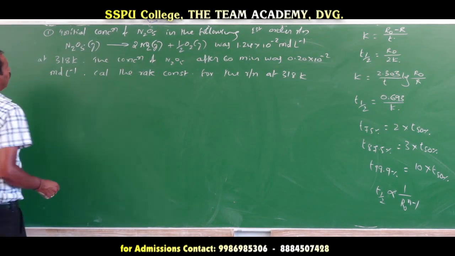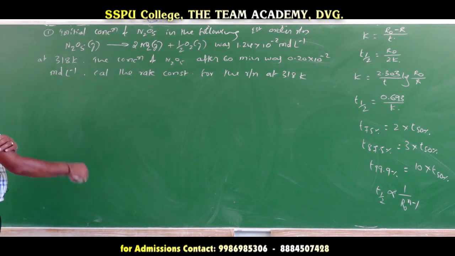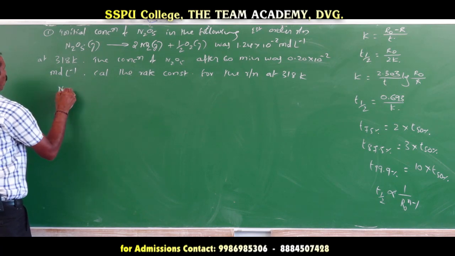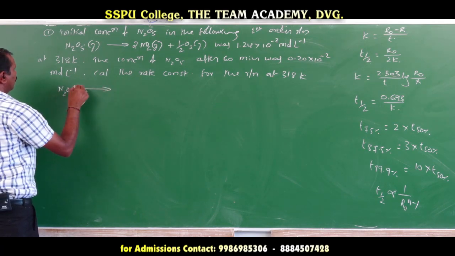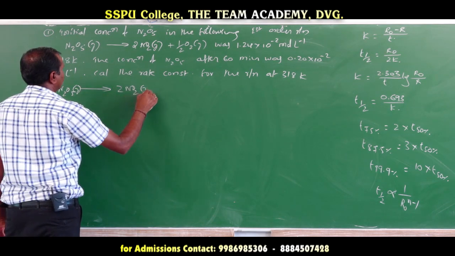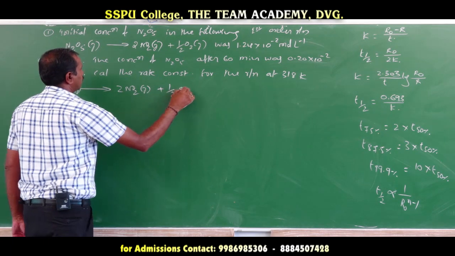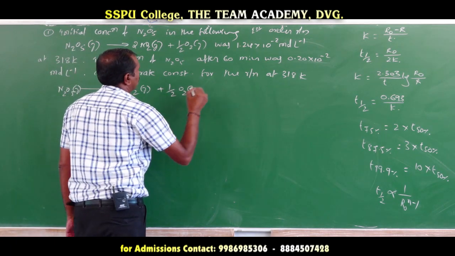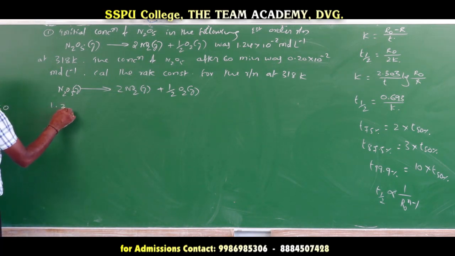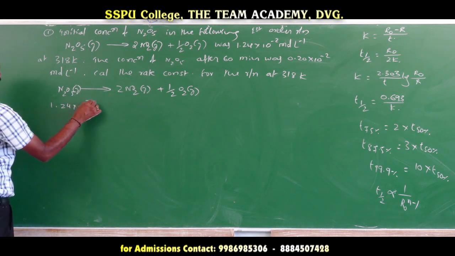So let us see. The initial concentration of N2O5 in the following first order reaction was given. I will write that equation. N2O5 gas becomes 2NO2 gas plus half O2 gas. Initial concentration, when T is 0, is 1.24 into 10 to the power of minus 2.